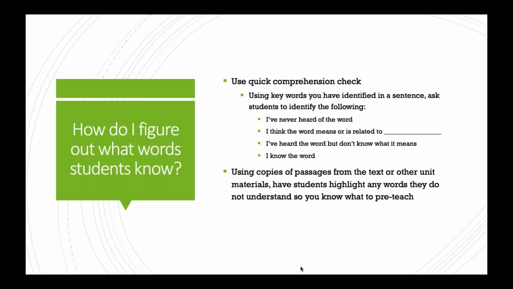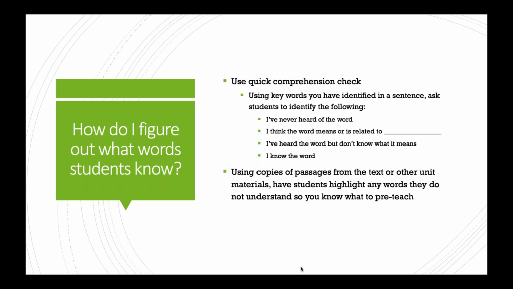As the instructor, you would come up with a list of words, okay? And then the student would have to check: I've never heard of the word; or I think the word means or is related to, and then they would fill in another word that's similar; I've heard the word, but don't know what it means; or I know the word, okay? That way you get a sense from all of your students of where they're at with understanding these key concepts and terms that they're going to be using in the next unit.